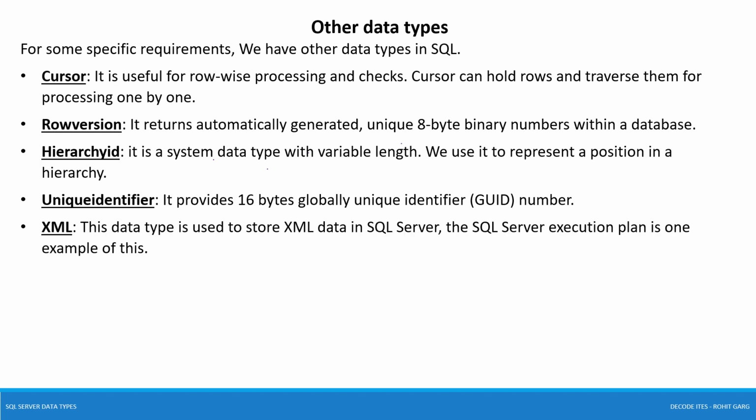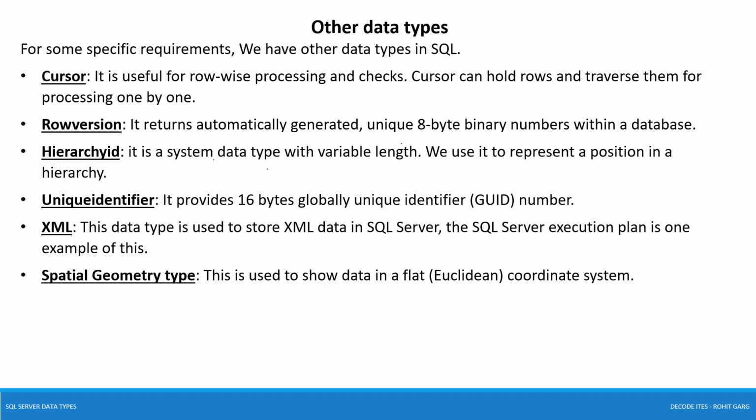Next is XML. This data type is used to store XML data in SQL Server. The SQL Server execution plan is one of the best examples of saving XML in SQL Server. Spatial geometry type is used to show the data in a flat coordinate system.